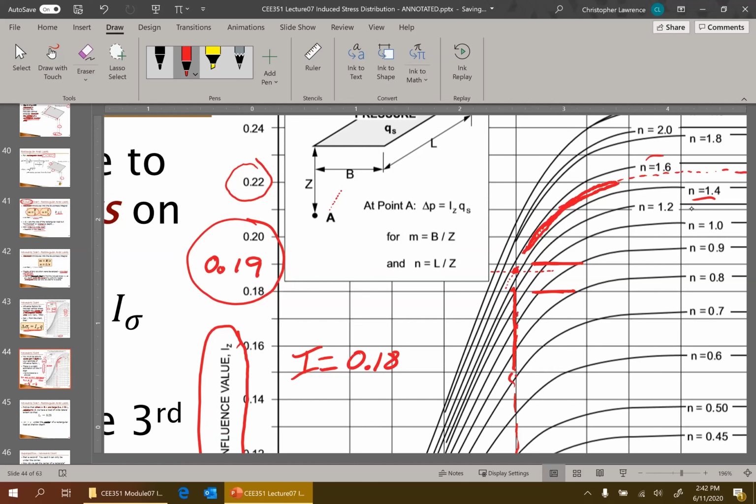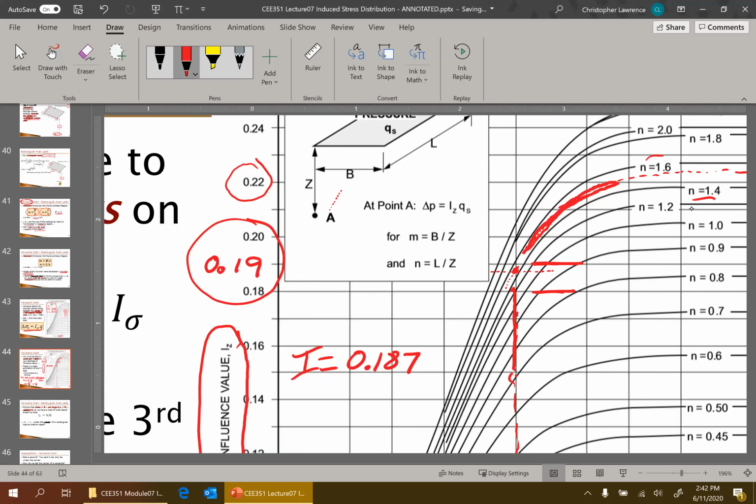You can see it's clearly greater than 0.185 and definitely less than 0.19. When I ask you to do this, that's the sort of accuracy I require. It's 0.186, 187, 188, right? I'm going to go with 0.187, but you might say 0.188. So it's pretty easy to be that accurate.